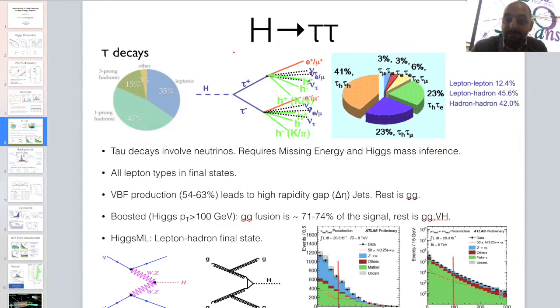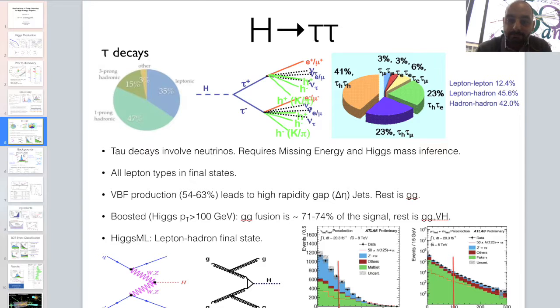Now, for the Higgs ML challenge, the focus has been on the lepton hadronic final state. The difficulty with taus is that tau decays all involve neutrinos, and so we don't see all of the final state particles of the tau decay. Therefore, it's difficult to reconstruct the tau mass itself.